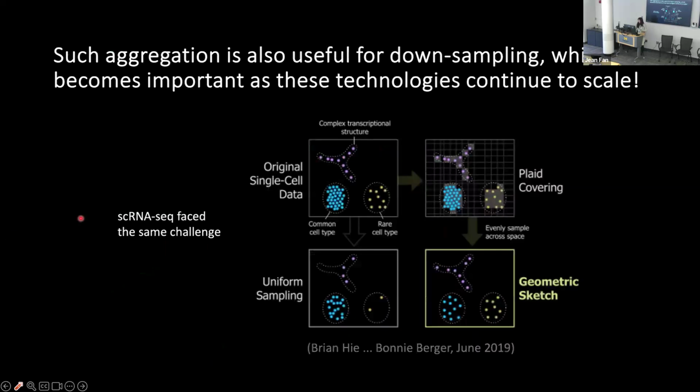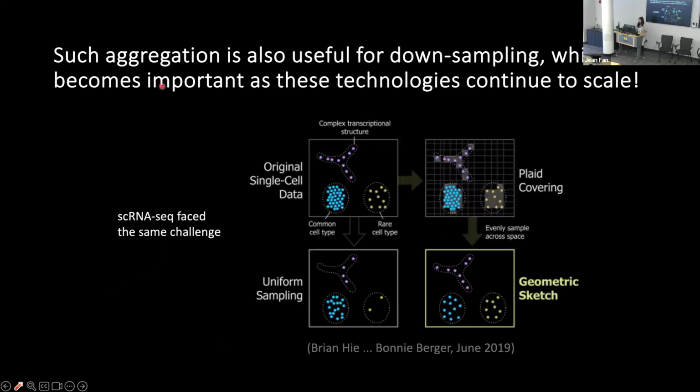And what this really is doing is, again, creating this grid on the spatial omics data set and doing this aggregation. And it turns out this kind of aggregation is very useful for not only comparing in this comparative context, but also simply for downsampling.